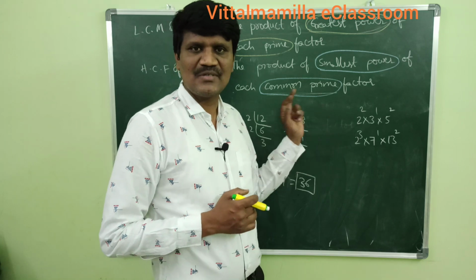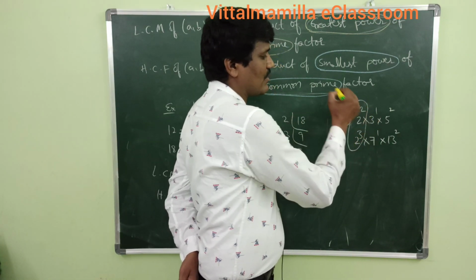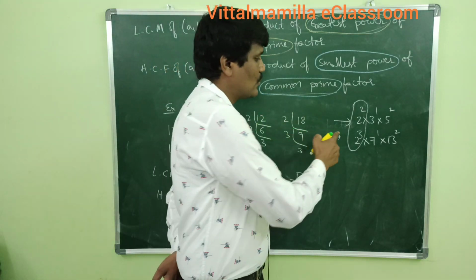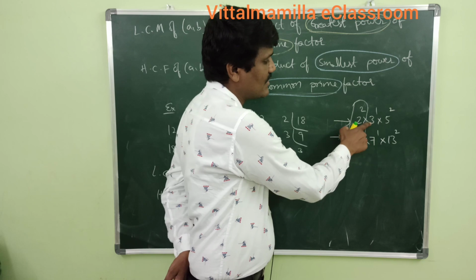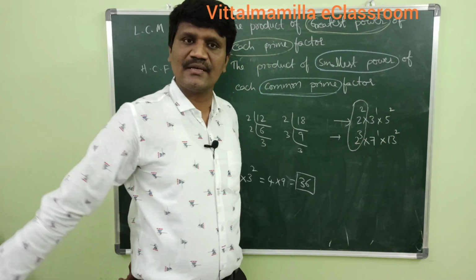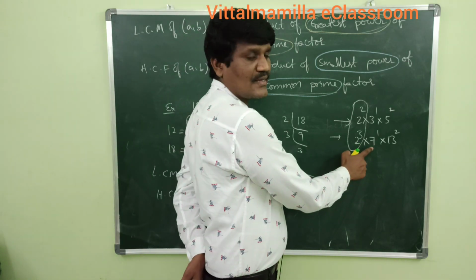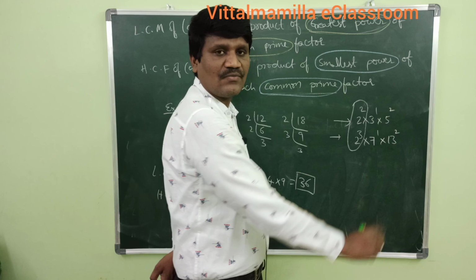Only 2 is the common prime. Remaining are not common, because 3 is there but not in the second one, 5 is in the first one but not in the second, 7 is in the second one but not in the first, and 13 is in the second one but not in the first.